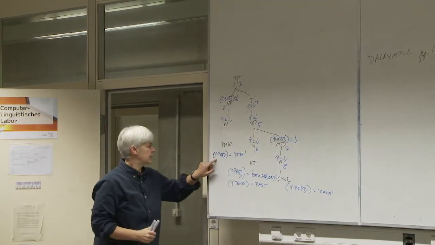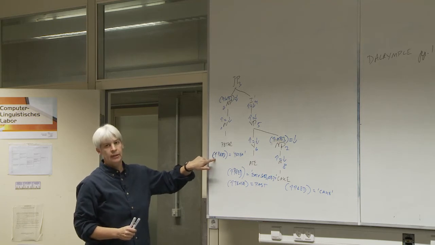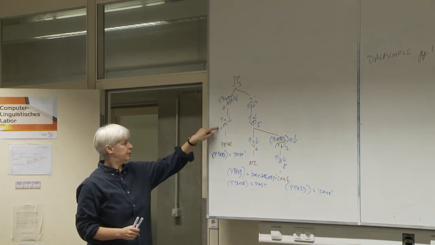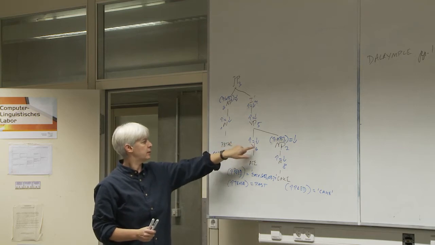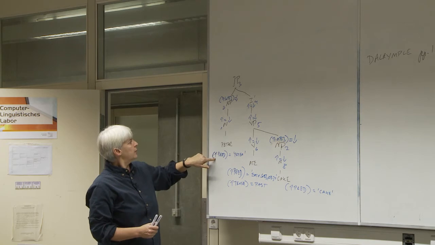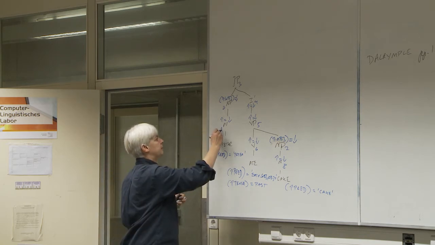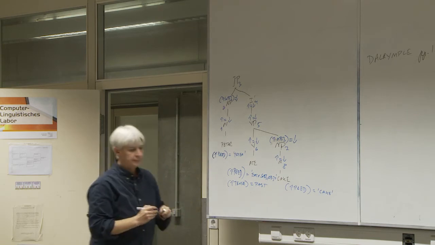And now I start translating. Remember, this is the phi function that's talking about the mother. This is a phi function that's talking about this one. What this one says is the information associated with this node, node number 1, is Peter.